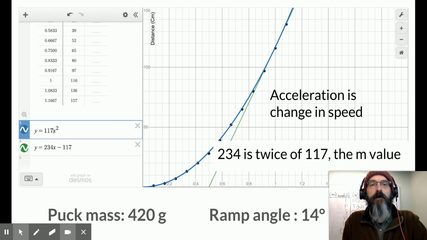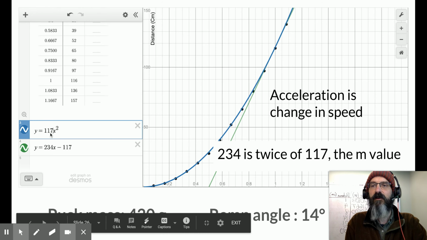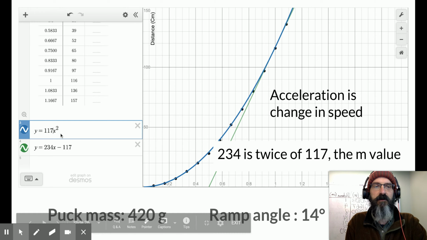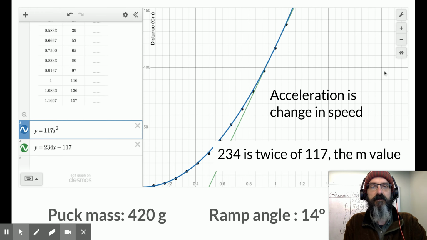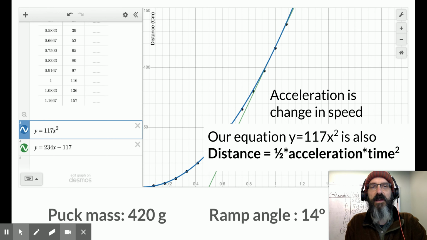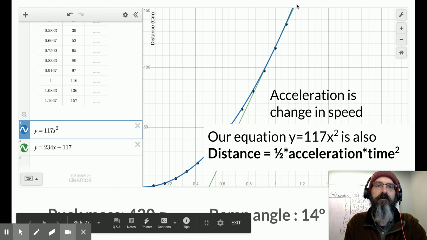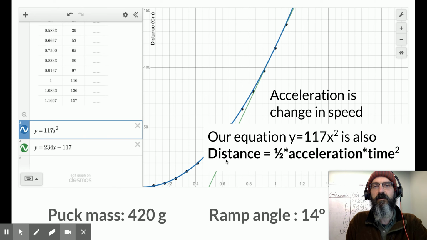Oh, this is the interesting thing. Notice that 234, our velocity at 1 second, is twice 117, the m value for this parabola, which implies that our equation y equals 117x squared, the equation for the parabola, could also be considered to mean, now remember, y is the distance that the puck traveled.